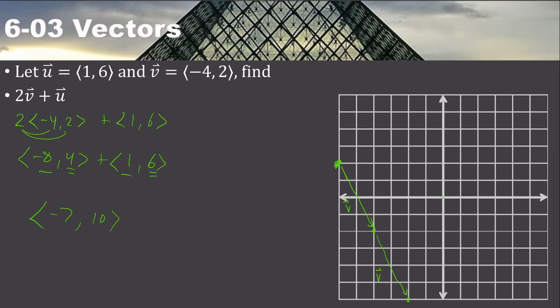So that's my 2 v's. And then I need a u. So I go up 1 and over 6. So that is my vector u. So my result goes from the beginning to the end, right there, which is down 7 and over 10. Hence, I got <-7, 10>.